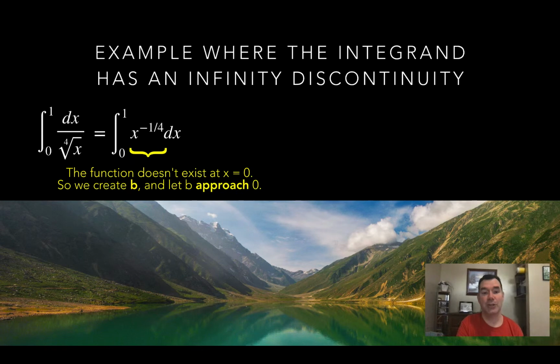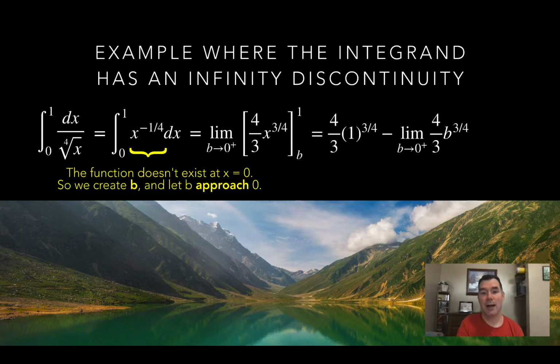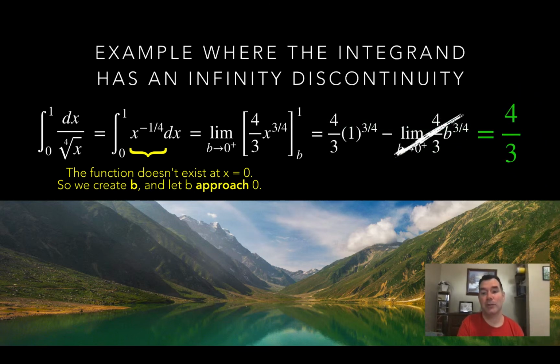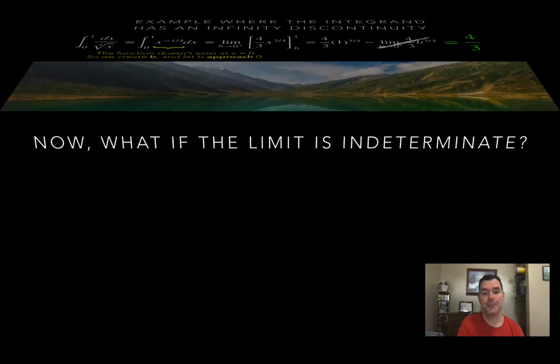So what I have to do is create a b and let b approach 0 from the right-hand side, and see what happens there. So first of all, I plug in 1, and that's easy enough to do. I'll get 4/3 times 1 to the 3/4, but then I'll have to take the limit as b approaches 0 from the right-hand side of 4/3 times b to the 3/4. Luckily, that does approach 0, and I'm left with just 4/3 as my answer.